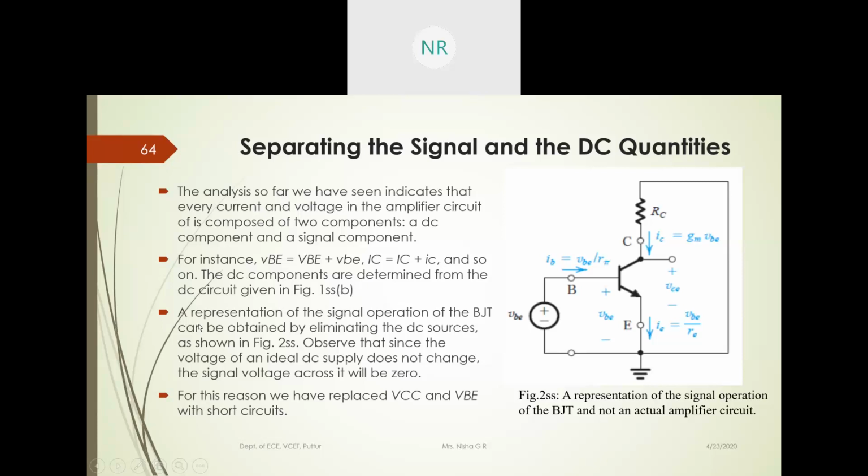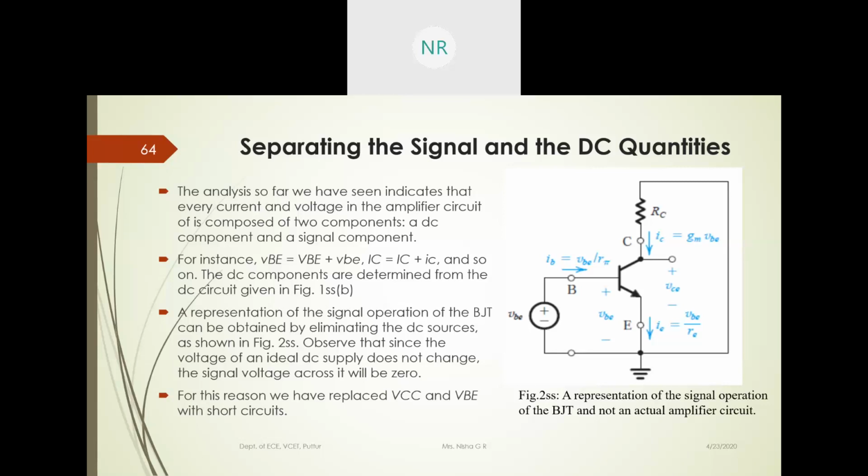In this figure we have not included the DC voltages, that is the bias voltages, but they are replaced by a short circuit. Why? Because VCC and VBB are constant; we are not going to vary these 2 voltages.